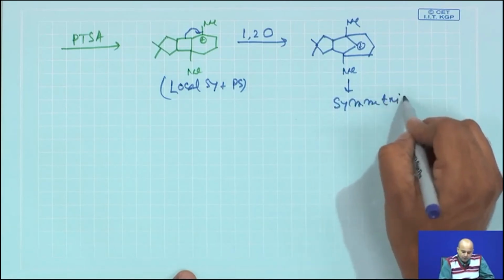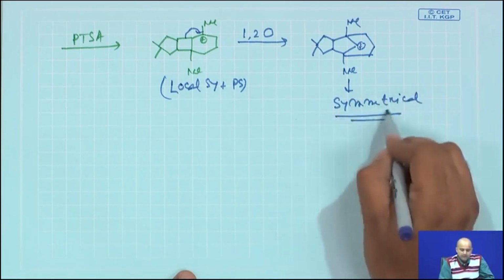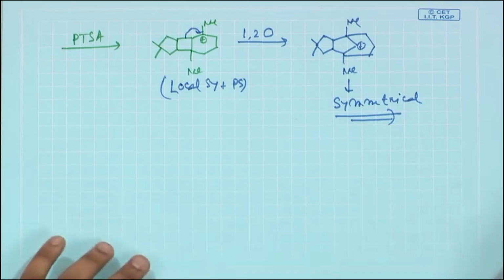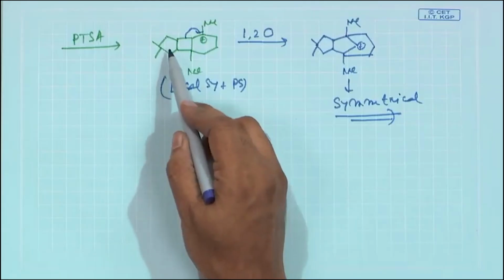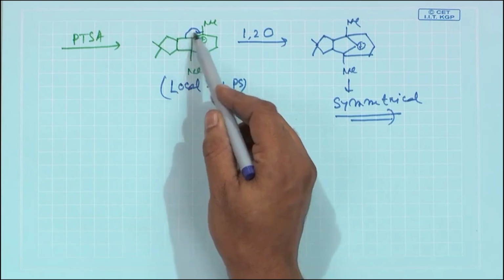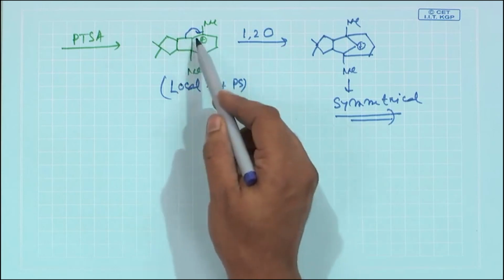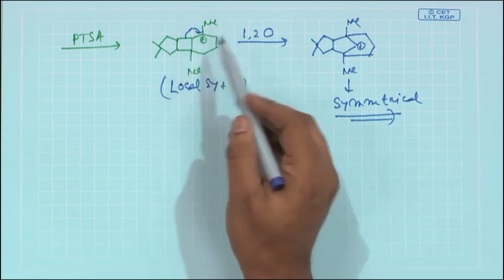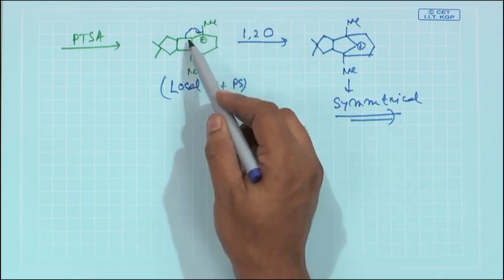Now, this is only possible as the part of your molecule is already having a symmetry, local symmetry, and by doing some transformation of a pseudo symmetrical part, you are creating it. Now, pseudo symmetry is very close to symmetry. You basically need to rearrange or reconfigure the pseudo symmetrical part to convert it to a perfectly symmetrical part.